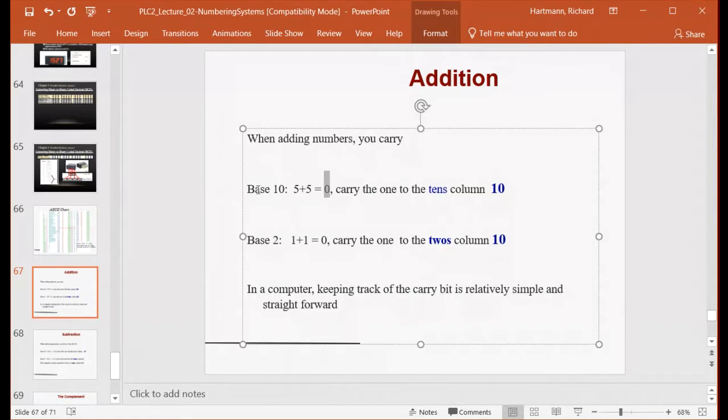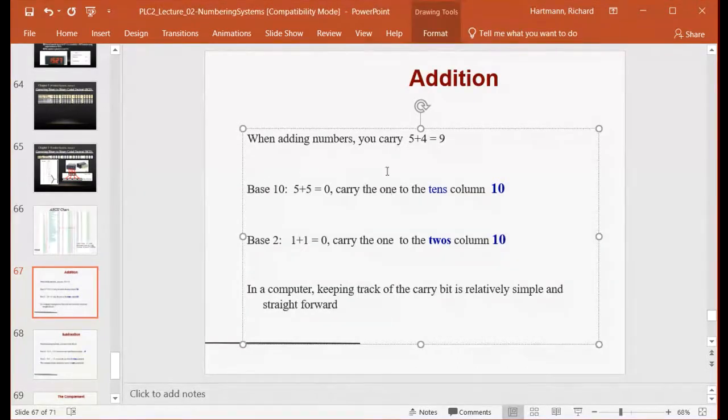And so what you have to do is say, well, wait a minute, 5 plus 4, of course, gives us 9. And 9 is a valid symbol in the decimal numbering system. But when we try to add 5 plus 5, now we're out of symbols. We've used the last one with 5 plus 4.